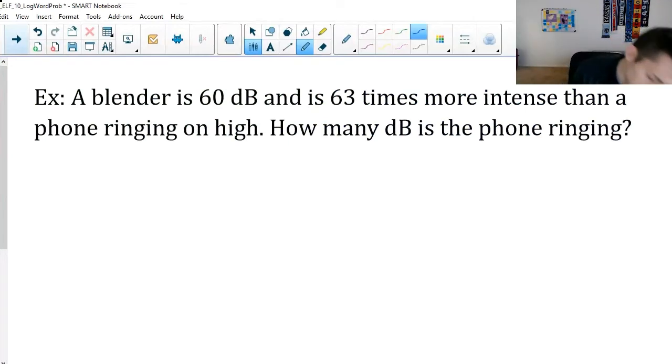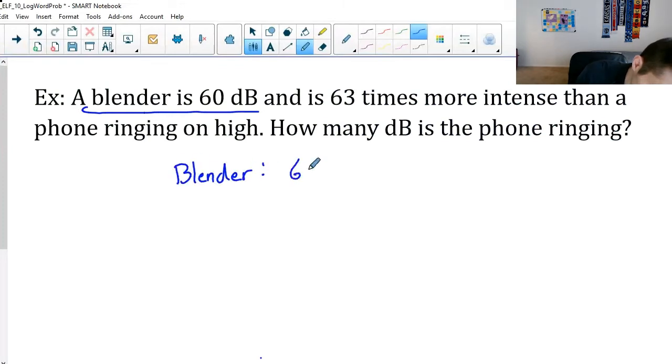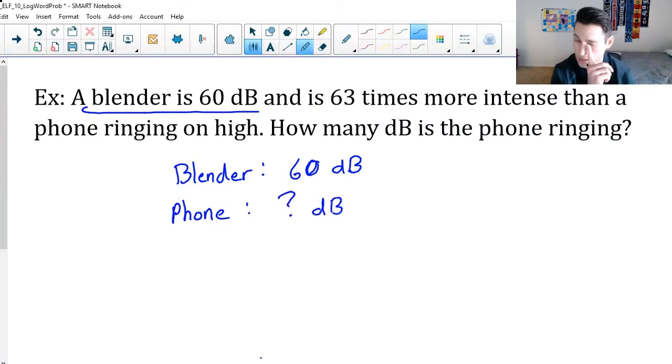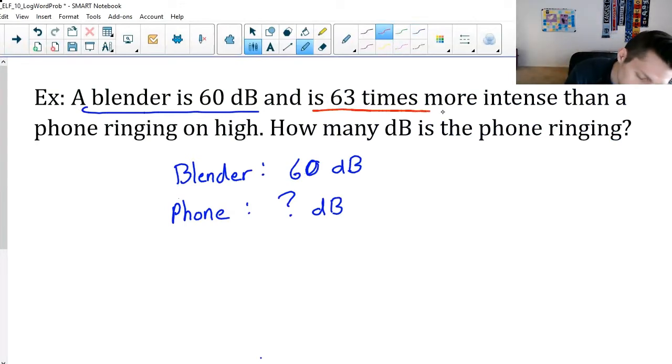I'm told the decibels for the blender, but for the phone, I don't know how many decibels. That's what I'm trying to figure out. And the only other piece of information I know is that the blender is 63 times more intense.